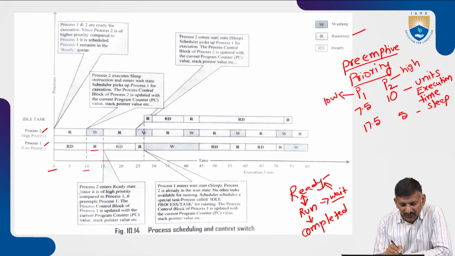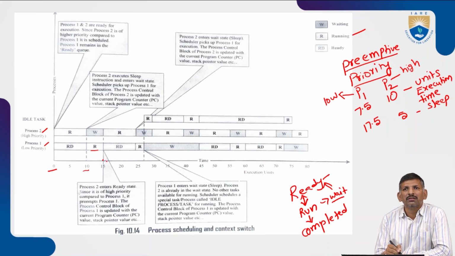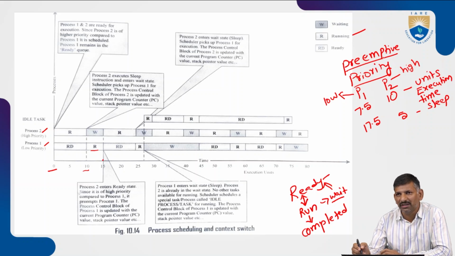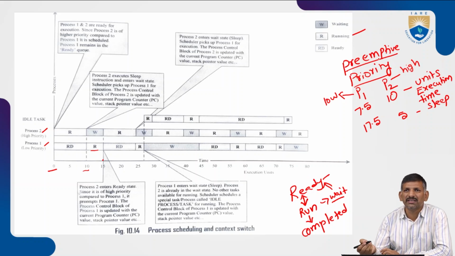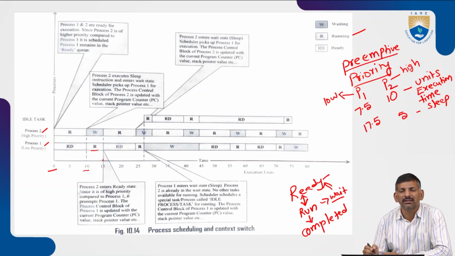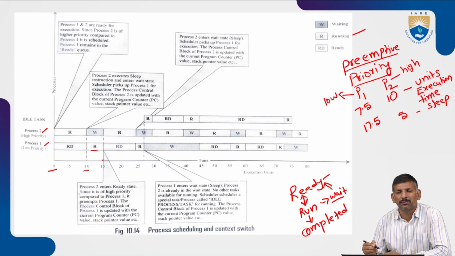At the 15th millisecond, P2 enters from the waiting state to the ready state. Since the scheduling is preemptive, if any new process enters the ready state, the currently executing process is temporarily suspended and compared with the newly arrived process based on the scheduling algorithm.